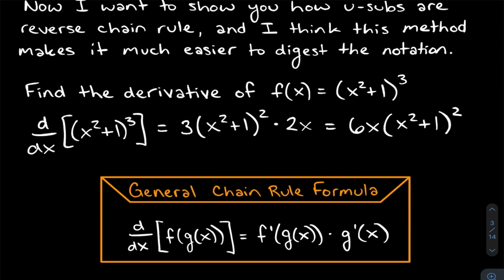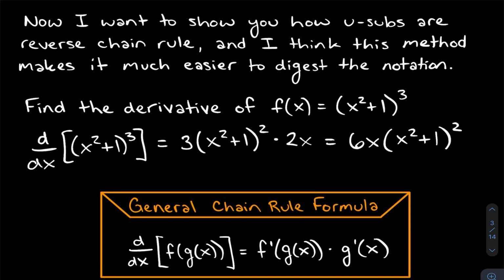So we're going to talk about that. First, I want to show you the notation form of what we just did, because I'm about to get into the notation for a u-substitution. Okay? So we started out with a function inside of another function. We have this where we would usually see something like an x cubed.